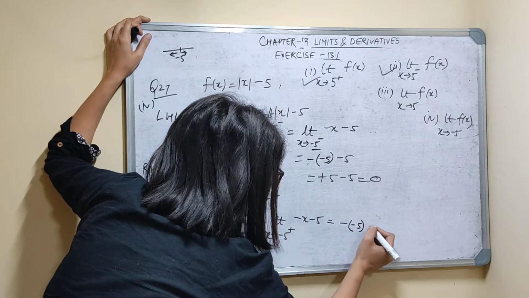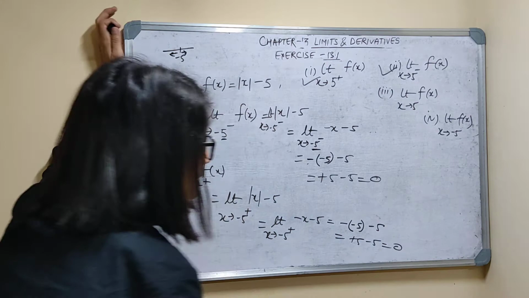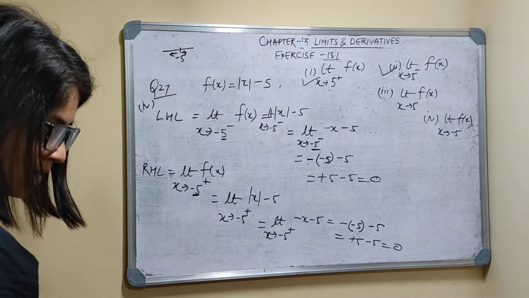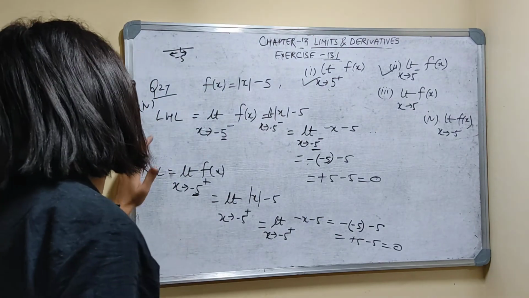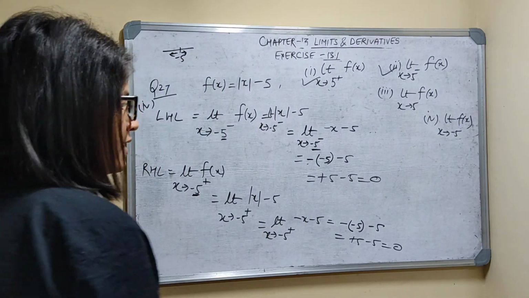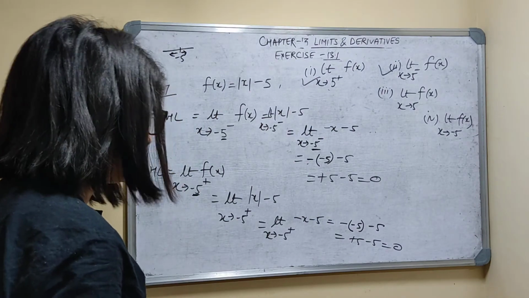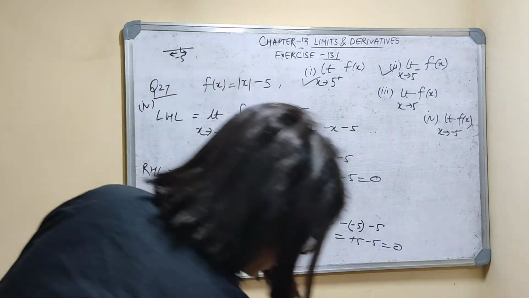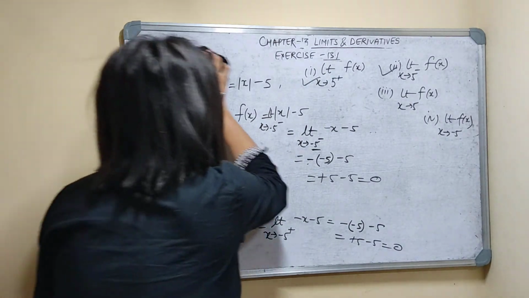Minus 5, minus 5. So plus 5 minus 5 is equal to what? 0. So I can say both limits are equal, right hand limit and left hand limit both are equal. So I can say limit x tends to minus 5 f x exists and it is equal to 0. Is it clear? Okay, now question number 28.